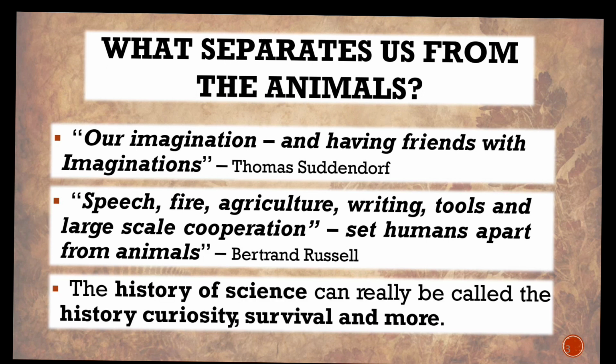Then the history of science can really be called the history of curiosity, survival, and more. Since the history of science is considered to be a history of curiosity, remember that everything around us is present because of the curiosity of people. And also, in order to survive, just like creating the tools, creating fire.